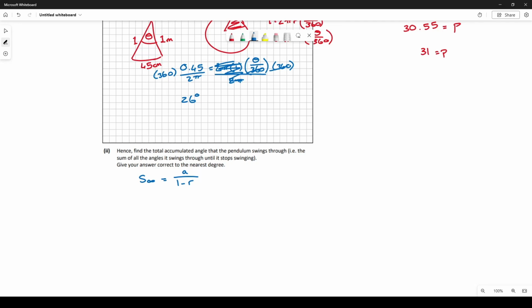So here, because they care about the total accumulated angle, we'd say A is 26, because for the very first one, for swing 1, we found that it was 26 degrees, over 1 minus 0.9, which is 260, because the OR is still the same thing. If it works out for this kind of shape, if it's 90% at the bottom, it's 90% of the angle. That's what that means.